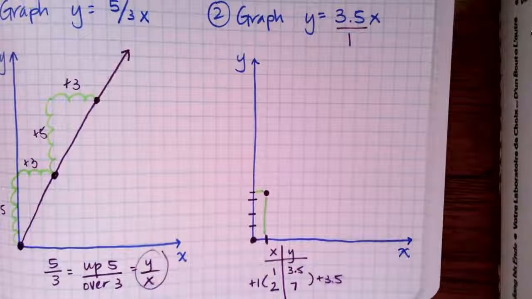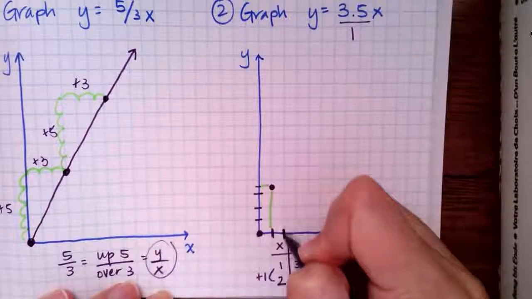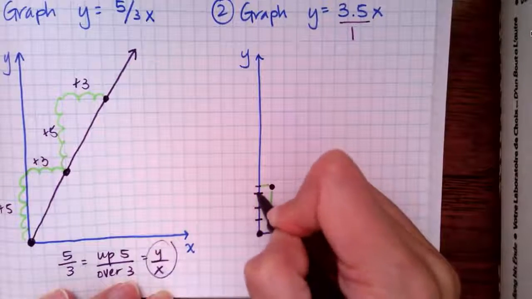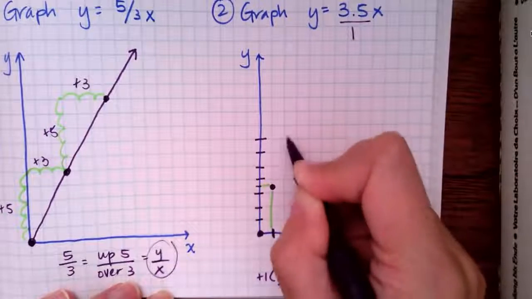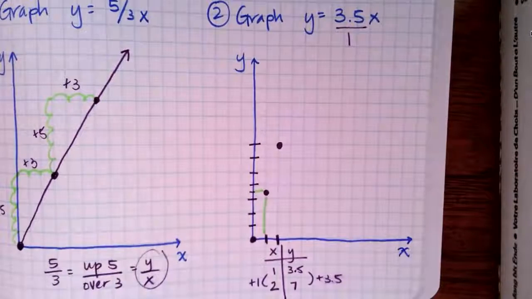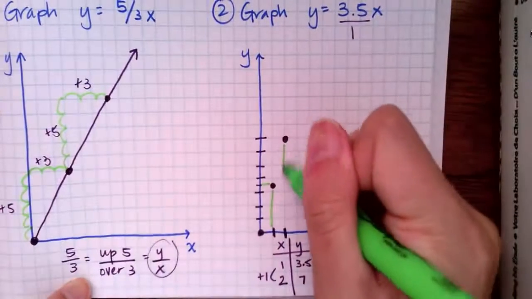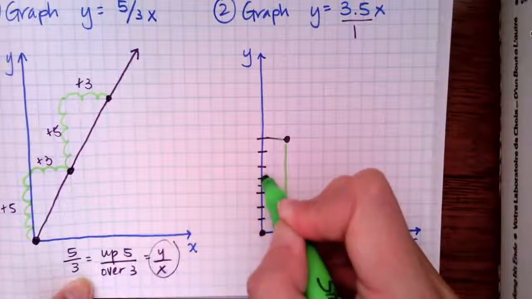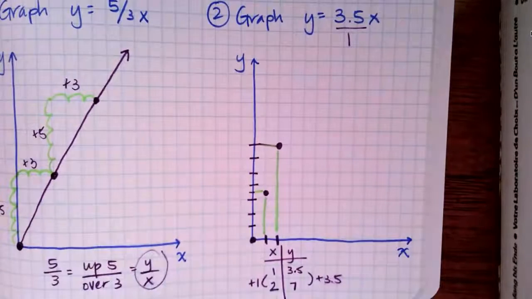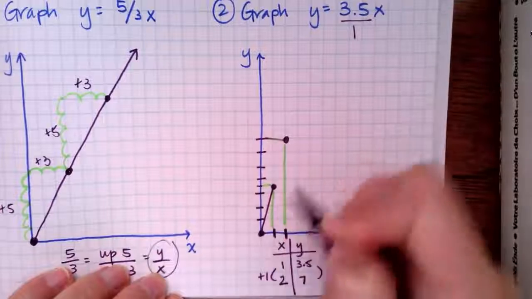Okay, the next one is 2 and 7. Here's 2, and here's 1, 2, 3, 4, 5, 6, 7. So these two got to line up. Let me make sure that's 2, 1, 2, and then 7. 1, 2, 3, 4, 5, 6, 7. That lines up. And then I have 3 points, and I can just connect them.